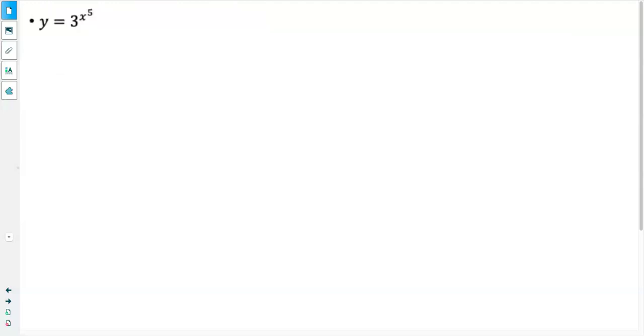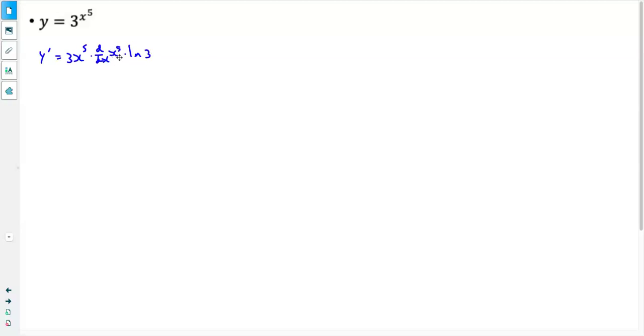Next, we have y equals 3 to the power of x to the power of 5. So y prime would just be 3 to the x to the power of 5 times the derivative of x to the power of 5 times the natural logarithm of 3.